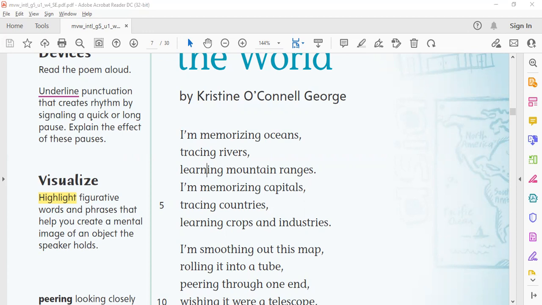She's showing us that it's important that she's doing 3 things now, and they are very important for her. Who's her? It's Christine O'Connell George. Who is she? She's the author of this poem. She's the poet who wrote this poem.